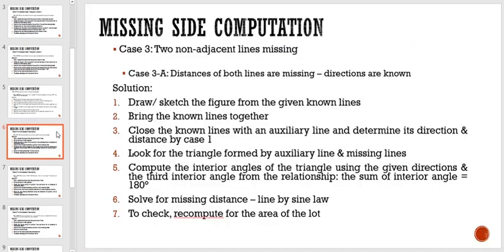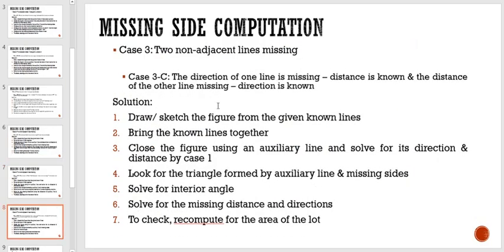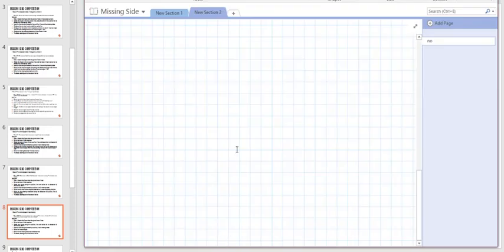Then case 3C, the direction of one line is missing, distance is known, and the distance of the other line missing, direction is known. So let's say again another traverse here.